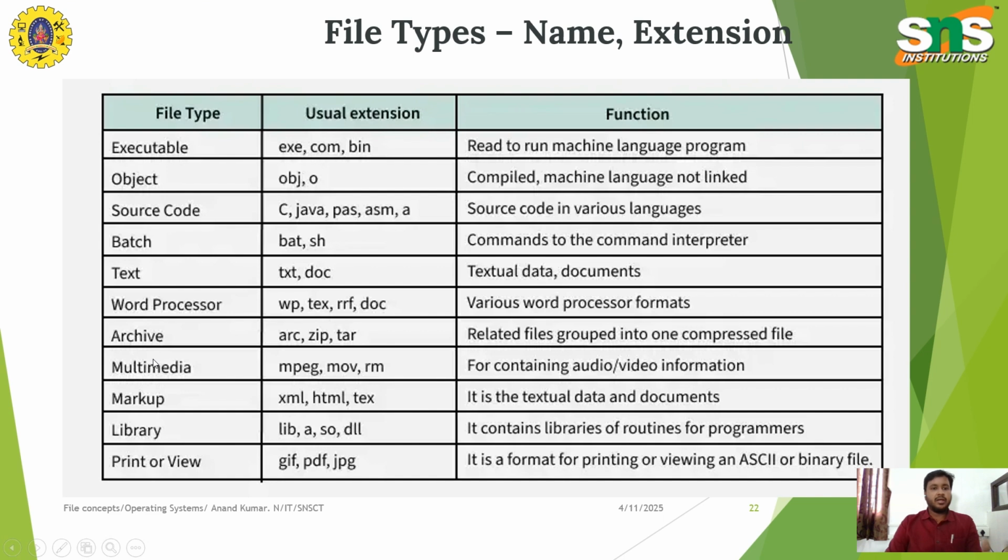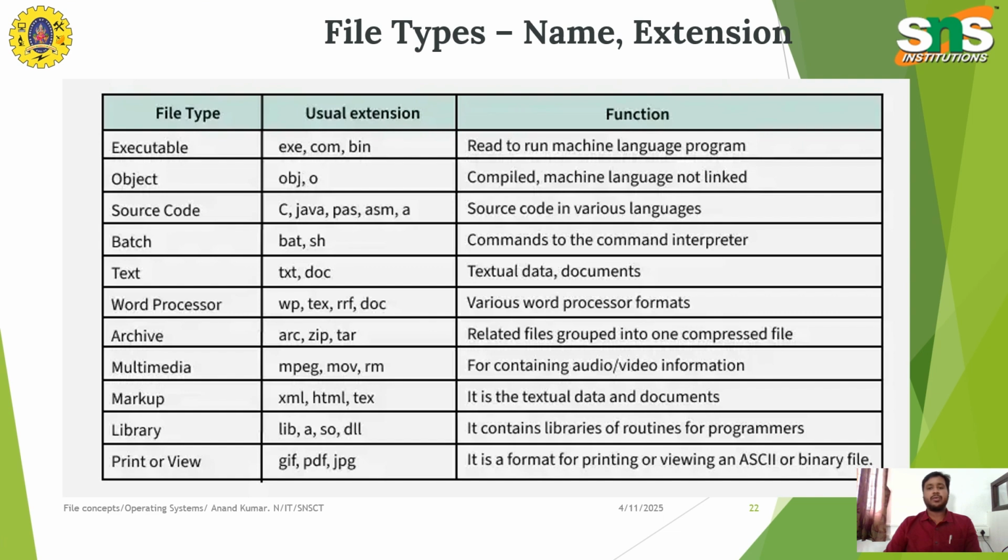Regarding the executable file type, it will end with an extension called .exe, .com, or .bin. It is used for running a machine level language program. Regarding the object file type, it has an extension of .obj or .o.